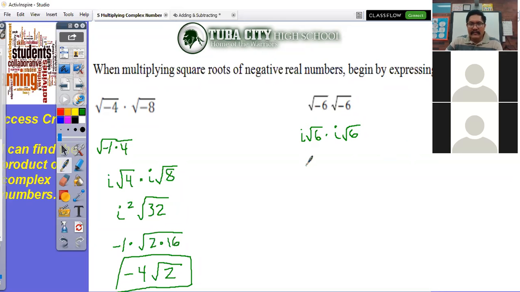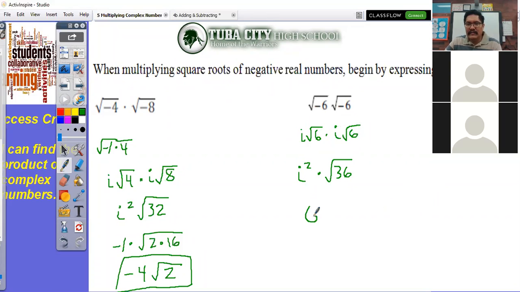Now we can multiply them together. So again, outside number to outside number. So i times i is i squared. And then multiply the radicals together. So we get root 6 times root 6, so we get root 36. We can take the square root of 36.